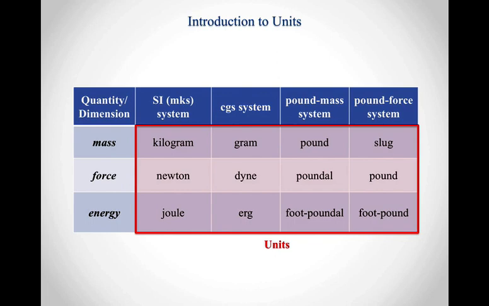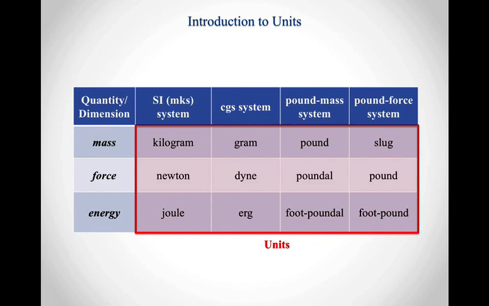Again, in the two English unit systems, notice that in the pound mass system, I'm using pound as the unit for mass. In the pound force system, I'm using the pound as the unit for force. So in the pound mass system, pound is my mass, the poundal is the unit of force, and energy is given in units of foot-poundals.